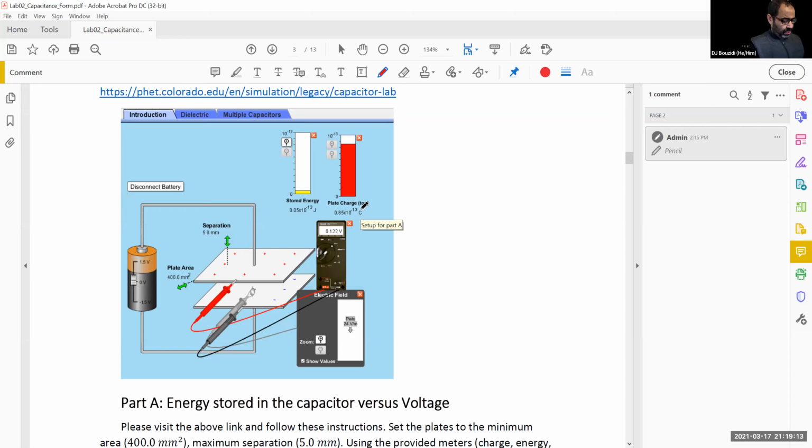This is a 47 microfarad capacitor. They are actually very large compared to this one. So this is an Arduino, an old Uno, not the version 3 that is out there now.